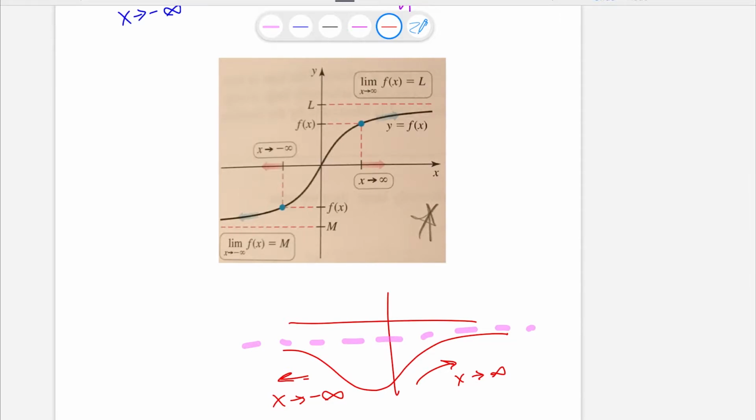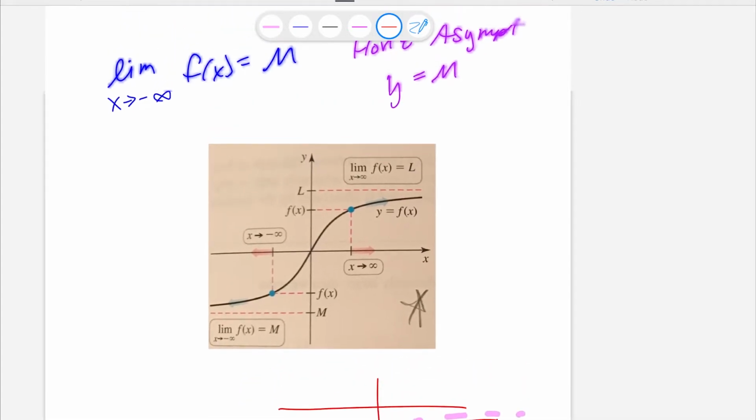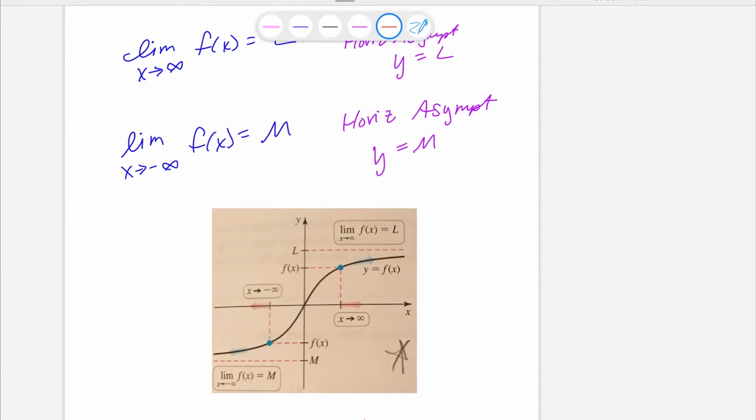That's okay too, right? You can have the same going to the right or to the left. There's lots of options out there. This is just the concept that you look at as I approach positive or negative infinity, and then whatever you get out of that deal, that's how you know where your horizontal asymptotes are going to be.